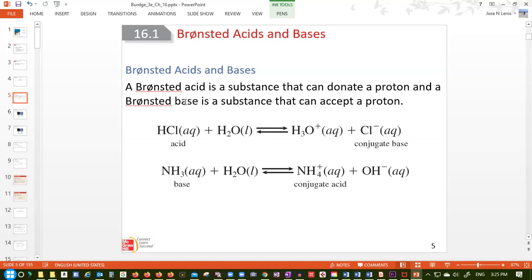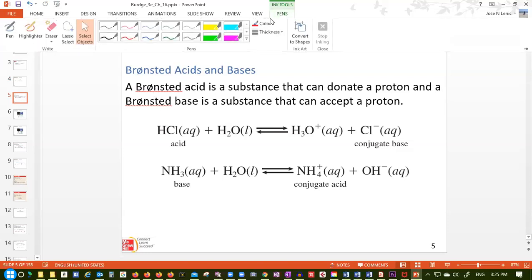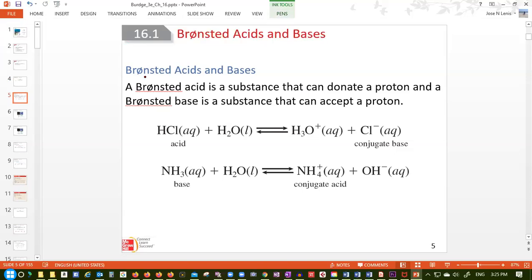However, when we see the formula, it says aqueous. Let me go before that. What happened before we get here? So we have this compound, HCl, which is initially a gas.